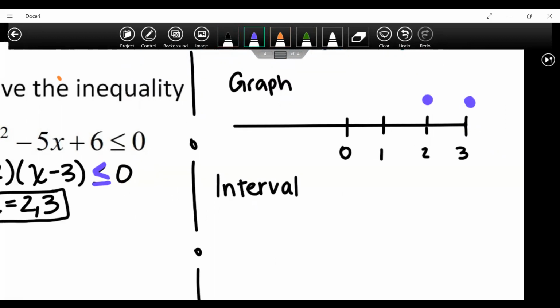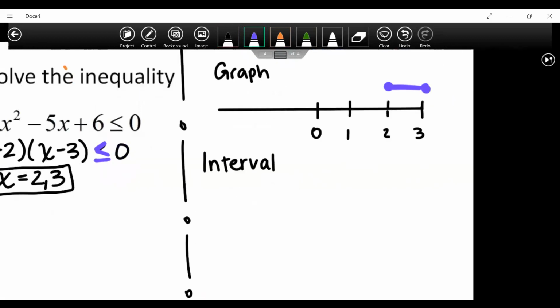Okay. Now look at the chart we just did. Because it's less than or equal to, are they connected or not connected? They're connected. So we're going to connect them. That's what I mean, whether they're connected or not. So that's our graph of it. We're done with that.